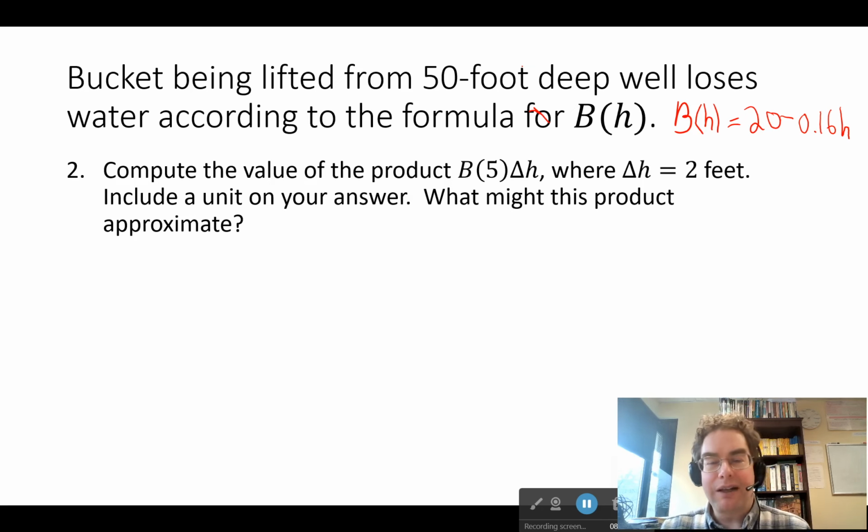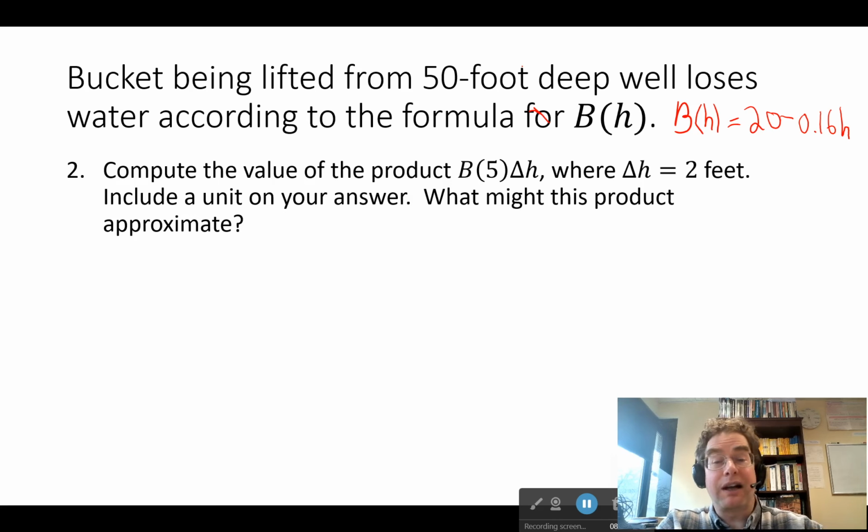Now we have a product here to compute, which is b of 5 times delta h. We're also given the extra piece of information that delta h is 2 feet. Remember, delta is calculus notation for change in, so it's a change in h of 2 feet.